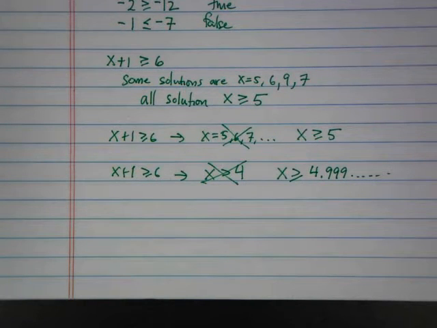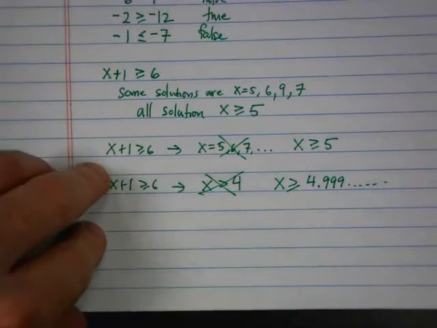Don't believe me? Here's my answer as to why they have to be the same. If they're not the same, then there has to be a number in between them, right? So what number is in between 4.99999 repeating forever and the number 5? I don't know. There isn't one. So they have to be exactly the same. So, kind of a philosophical argument there.